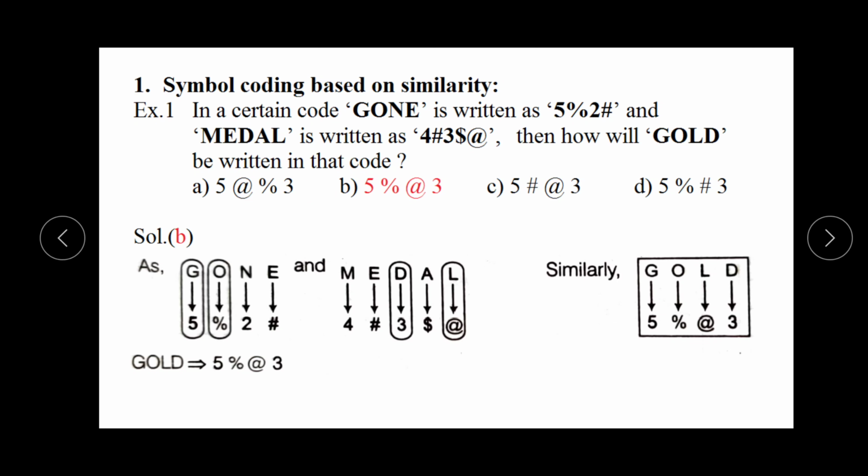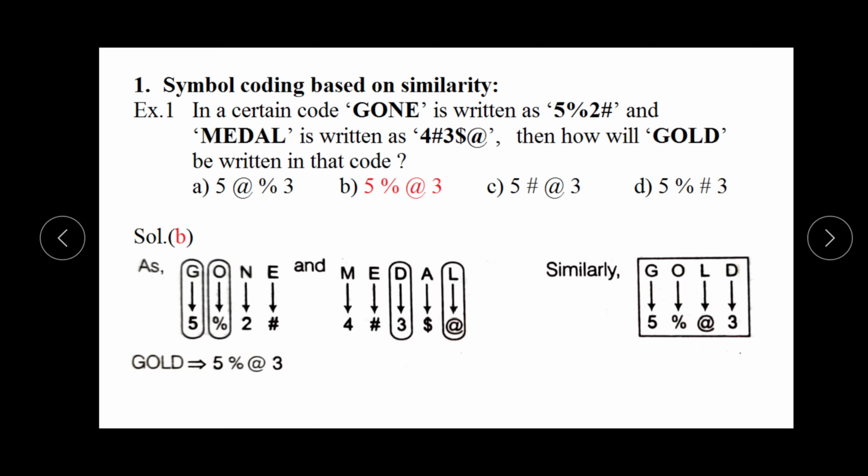For the word gone the code is 5%2#, and for the word medal the code is this. Here there are four alphabets, and also four symbols or digits. Here there are five alphabets, and in the code also there are five elements.